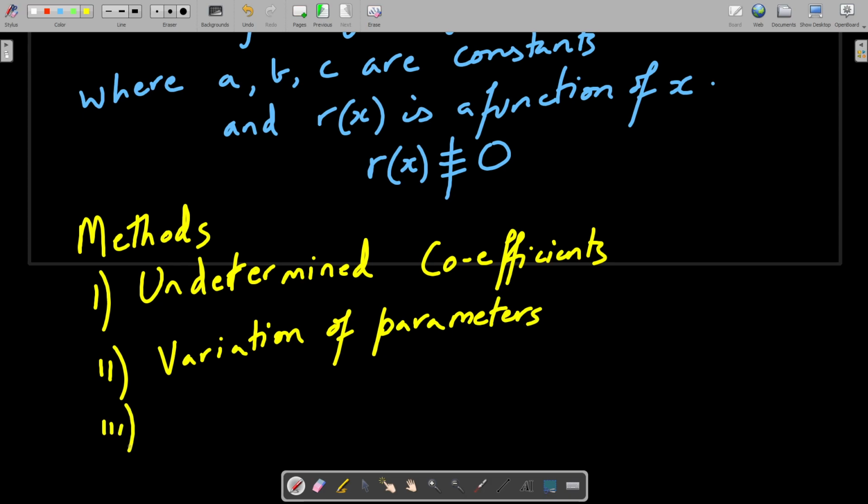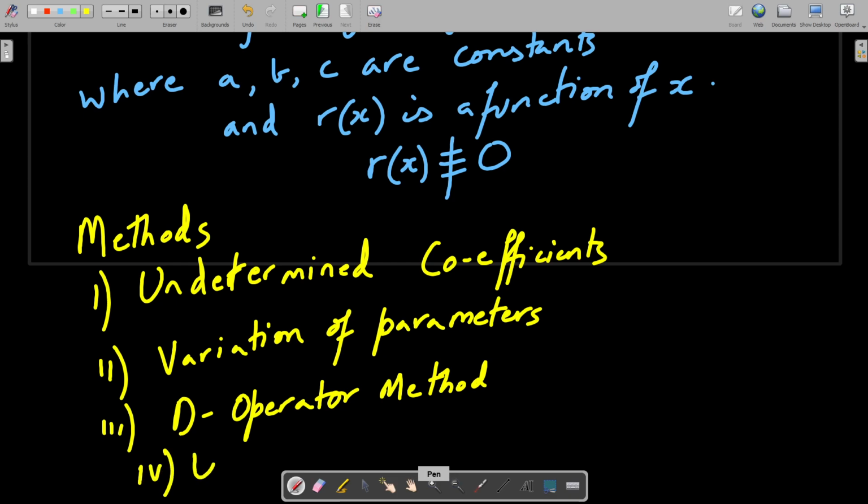The third one is something called the D operator method. Fourth one is using one solution.